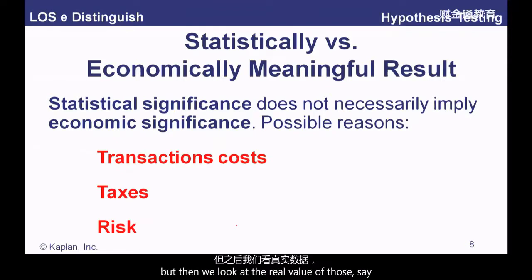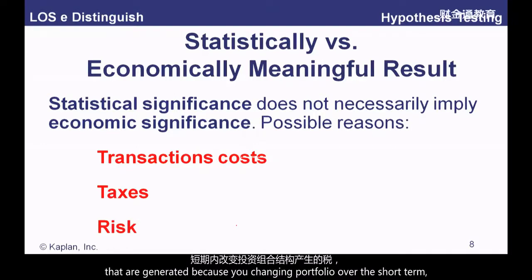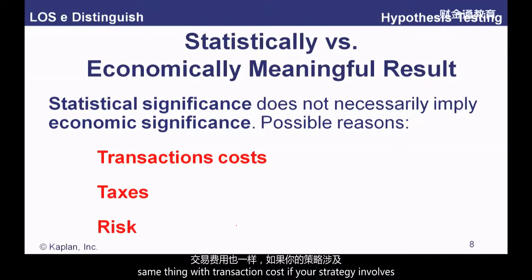But then we look at the real value of those, say, abnormal returns to some portfolio selection criteria, and we see that, well, once you consider transaction costs, commissions, bid-ask spread, once you consider the taxes that are generated because you're changing portfolios over the short term, same thing with transaction costs.